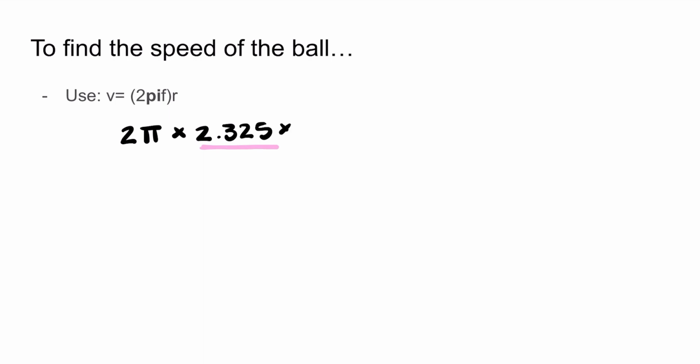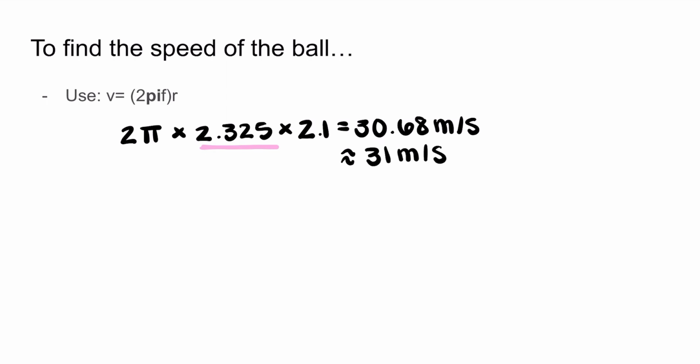And then multiply that by 2.1. That was the radius of her arms and the ball. And this is going to give us 30.68 meters per second, rounded to about 31. Alright, so that's our final answer for this part.